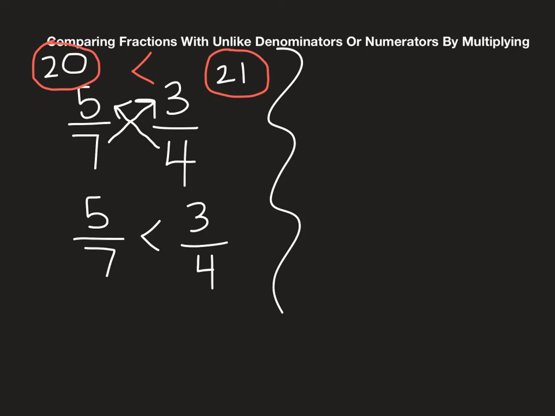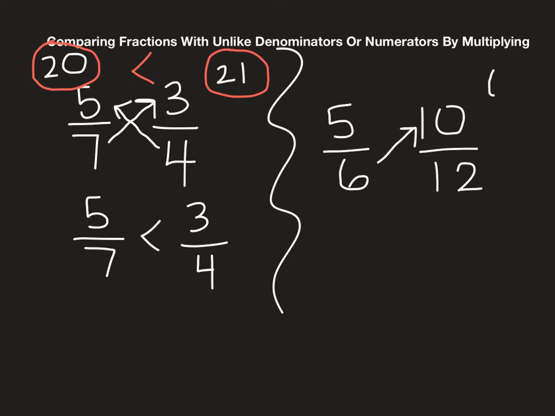Let's compare 5/6 and 10/12. We'll begin by multiplying the denominator on the left, the 6, by the opposite numerator, 10. 6 multiplied by 10 is 60.